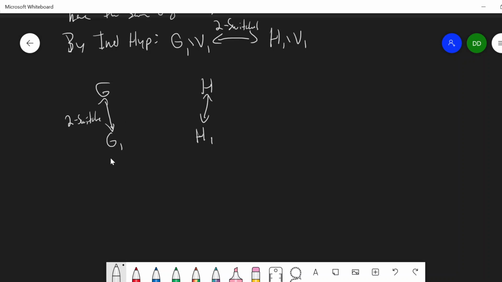Then we removed a vertex from each of these to get G1 minus V1 and H1 minus V1. And now these are order n minus 1, and so there's some sequence of 2 switches that we can do here.